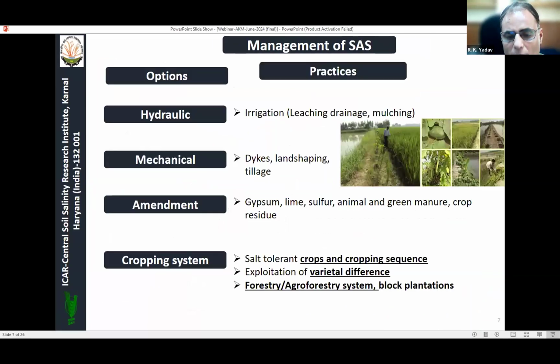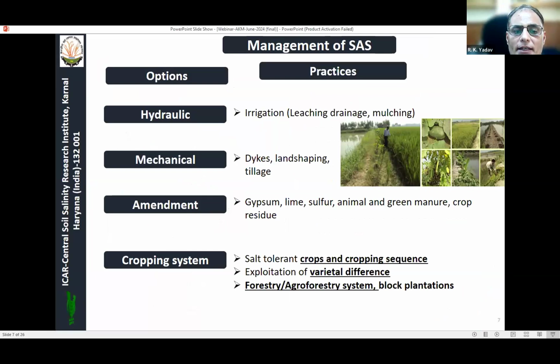And overall, this is a very general slide that there are only four options for managing the salt-affected soils. One is the hydraulic management or hydraulic aspects, in which we are focusing on the irrigation management, that is leaching, drainage, mulching. Then we go for some of the mechanical options, that is we are doing the land shaping technologies. Then we create the dikes, raising, changing the topography.